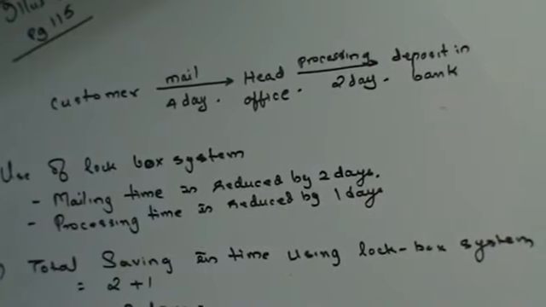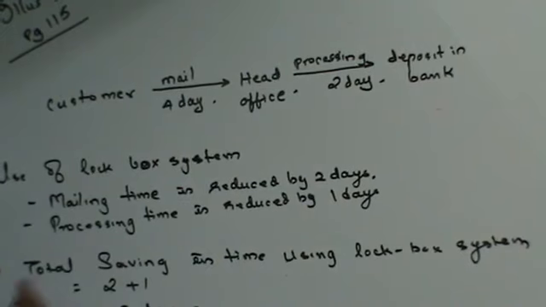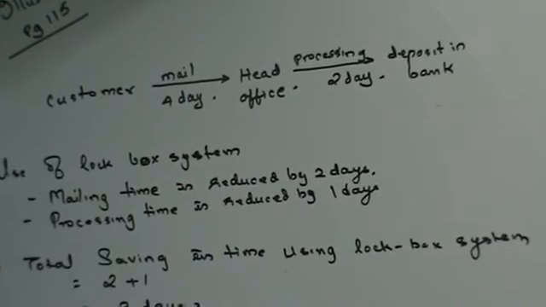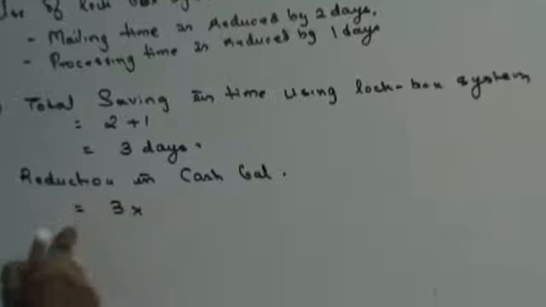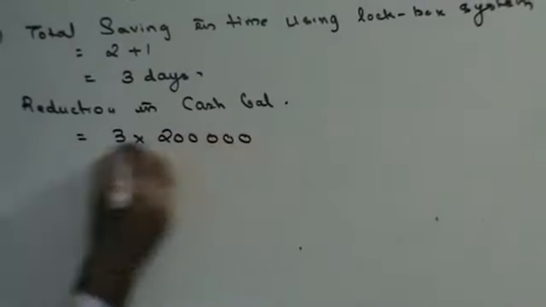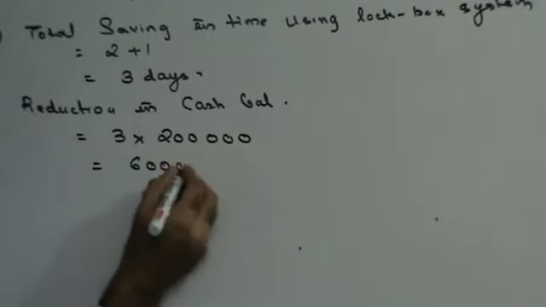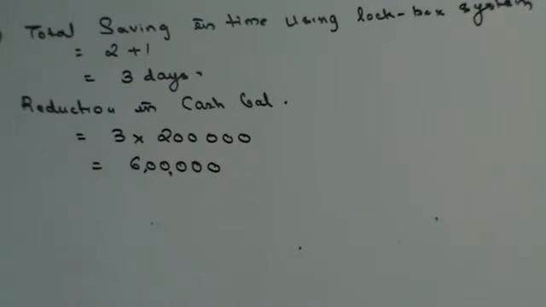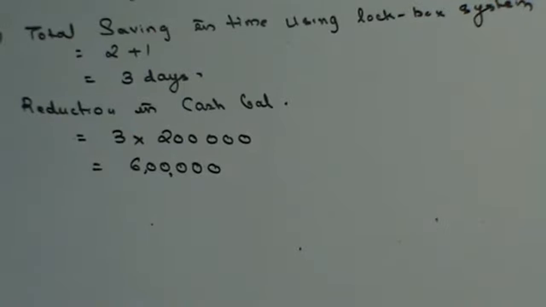Now if there's a reduction in time of 3 days, I will be holding it for 3 days. So my reduction in cash balance will be 3 days. I'm saving these many days and per day I'm getting a collection of 2 lakhs. So my reduction in cash balance which is going to be held in my hand is going to be 6 lakh rupees. Fine, everyone's understood this?